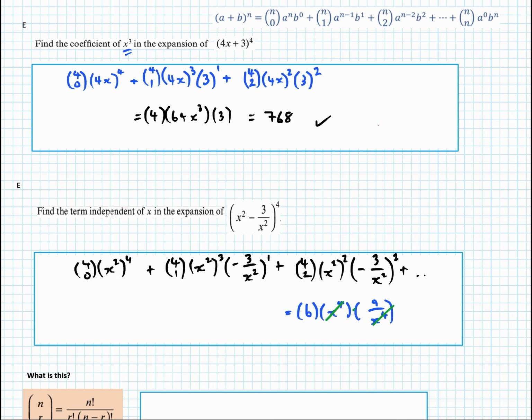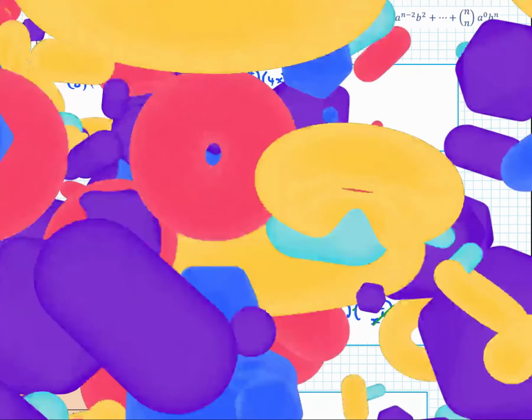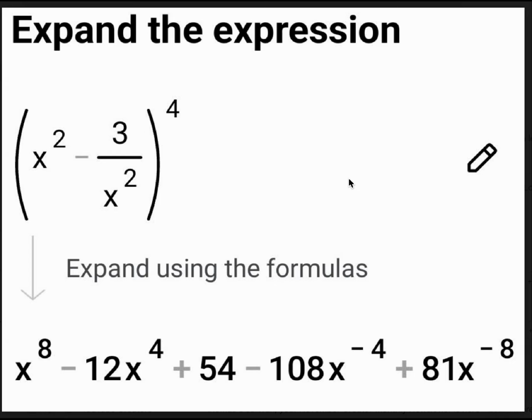And that's the point of this question really, is that you'll see that 6 times 9 is 54. And that's the independent term within that expansion. And here you see the expanded expression and the independent term of plus 54 in the third term.